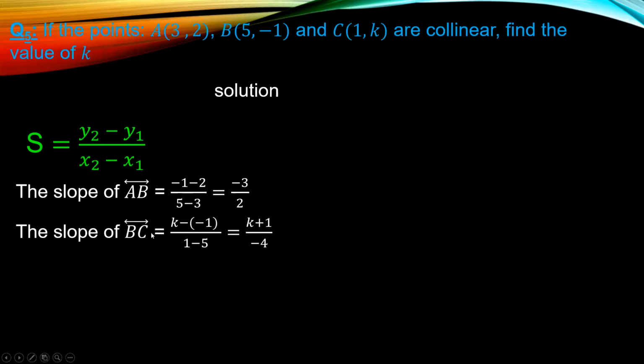The slope of the straight line BC will be k minus -1 over 1 minus 5. Here the two negative signs convert into positive. So it will be k plus 1 over 1 minus 5, which is -4.